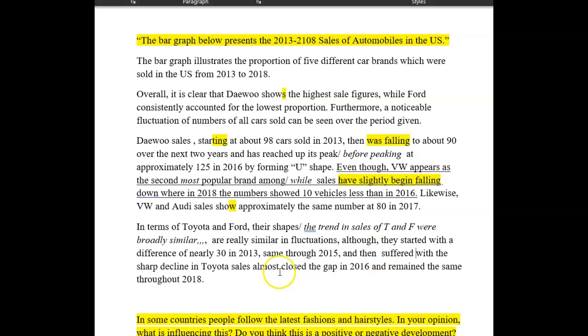You need a verb in there, suffered a sharp decline, and almost closed the gap and remained the same throughout 2018. Okay, well done. You've done well on that.